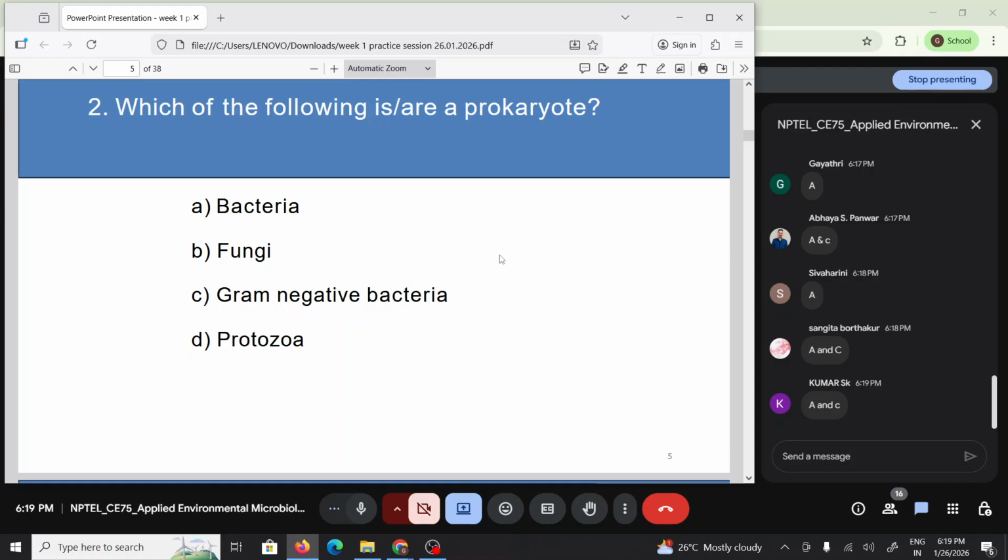A and C is the answer. Right? So A and C both are the prokaryote. I mean, yeah, one is the subset of other. Bacteria consists of gram positive and gram negative, whereas fungi can be unicellular, multicellular, but it's a eukaryote, and protozoans are unicellular organisms, but still they are eukaryotes. So fungi and protozoans are eukaryotic, whereas bacteria is prokaryotic.